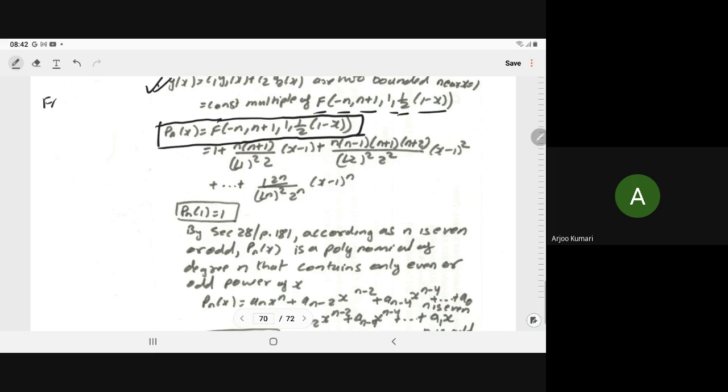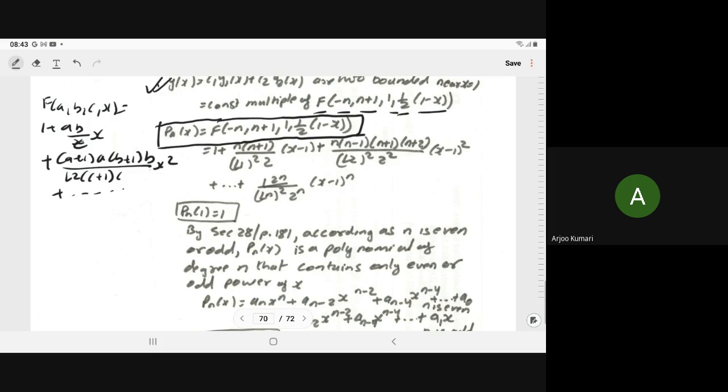In general, F(a, b, c, x) is 1 + (ab/c)x + (a(a+1)b(b+1))/(2! c(c+1)) x^2, and so on. So here we have the expansion of the hypergeometric function. Already we have the hypergeometric function as F(-n, n+1, 1, (1/2)(1 - x)).